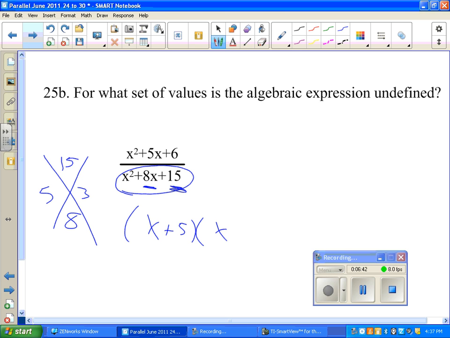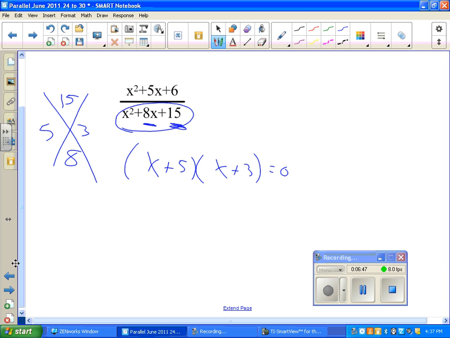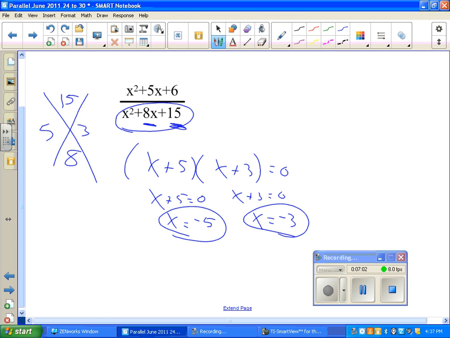X plus 5 times x plus 3 equals 0. Either the first one equals 0 or the second one equals 0. If I subtract 5 from both sides, x equals negative 5. Or if I subtract 3 from both sides, x equals negative 3. That's how you find out where a fraction is undefined. Set the bottom equal to 0.